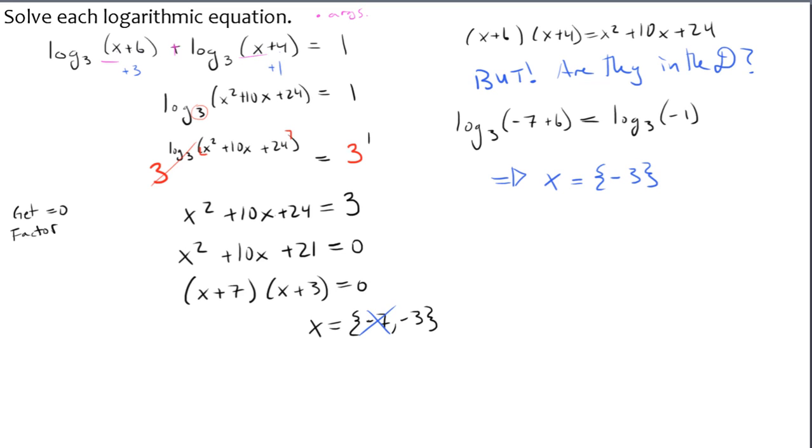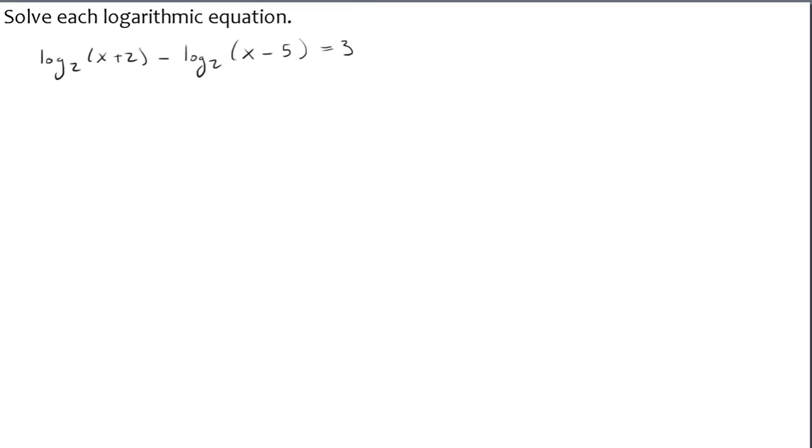Let's take a look at solving another one of these examples. In this case, we have the log base 2 of x plus 2 minus the log base 2 of x minus 5, and that's equal to 3. This is base 2, so we can combine both of these.